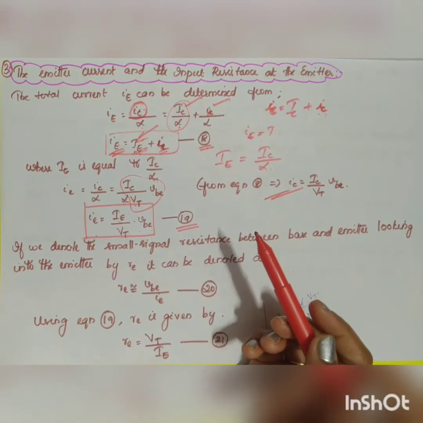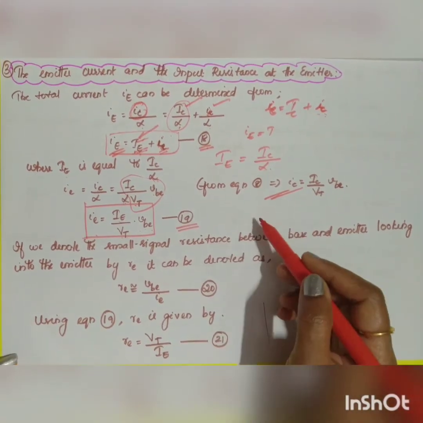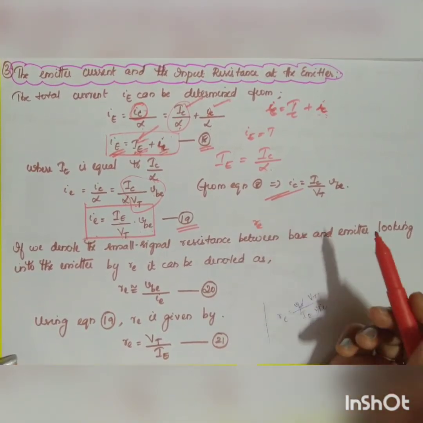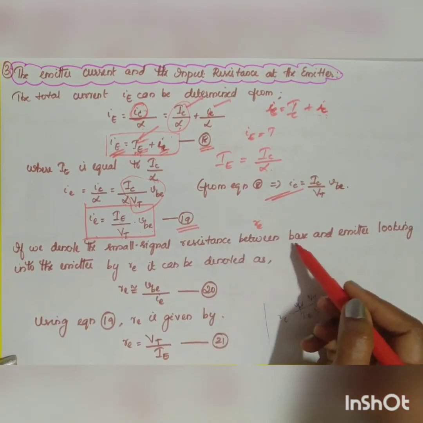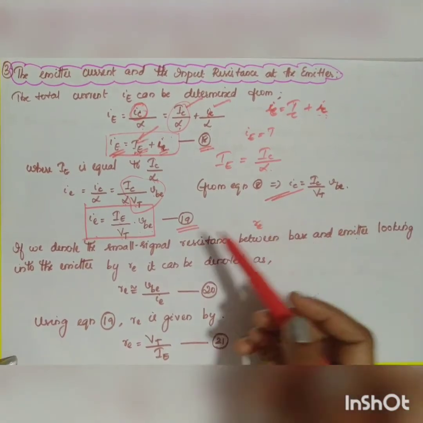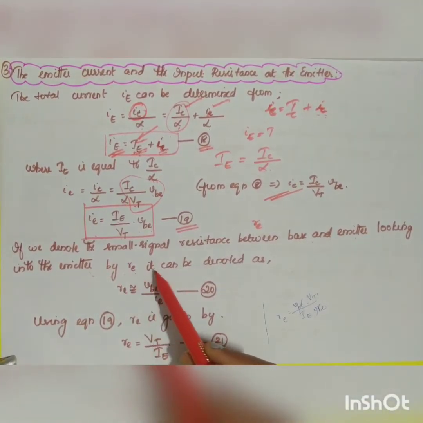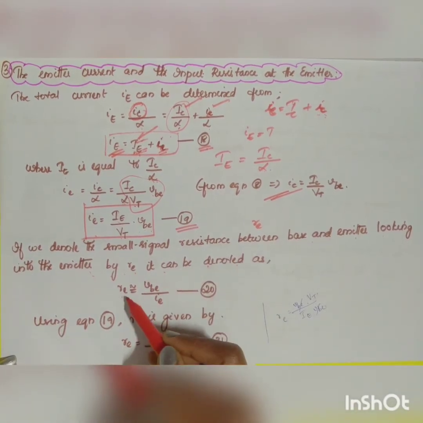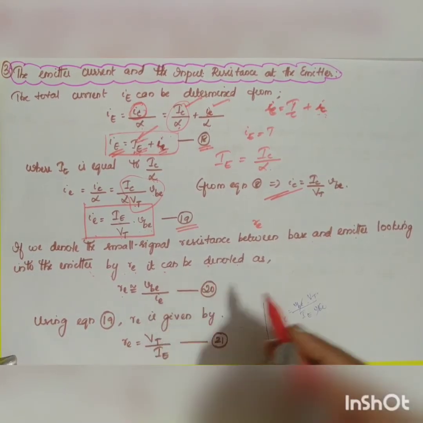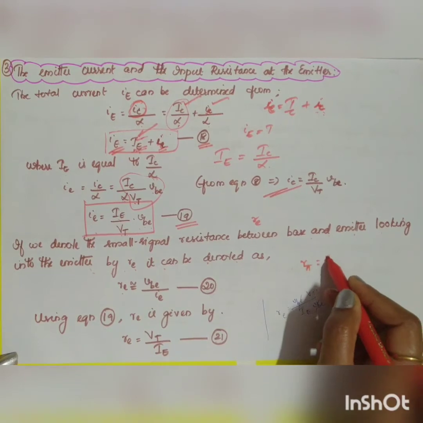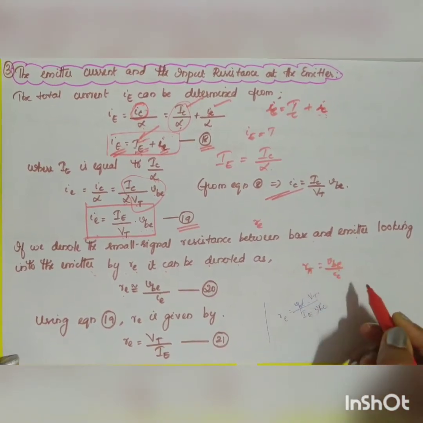Now what is the next parameter? You have to find out the resistance. The small signal resistance between the base and the emitter, looking into the emitter, is given by re. It is denoted as re. R pi was equal to small vbe divided by ic, right?